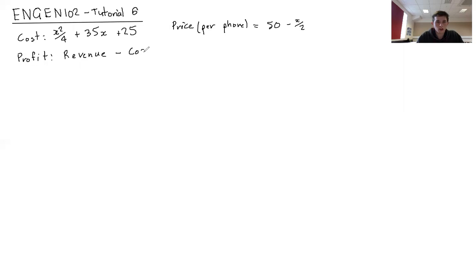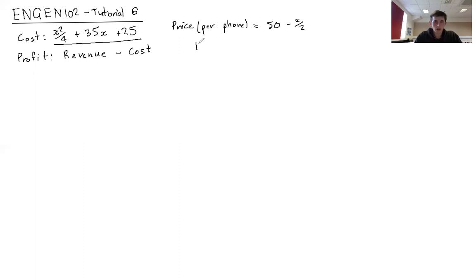What they've given us here is total cost, because that is producing x mobile phones per day, so we've already factored in how many there are. It's not the cost per phone, it's the total cost. Whereas this price is per phone, it's stated explicitly. So in order to get profit, we need revenue minus cost. At the moment we don't quite have revenue, but getting revenue is relatively straightforward.